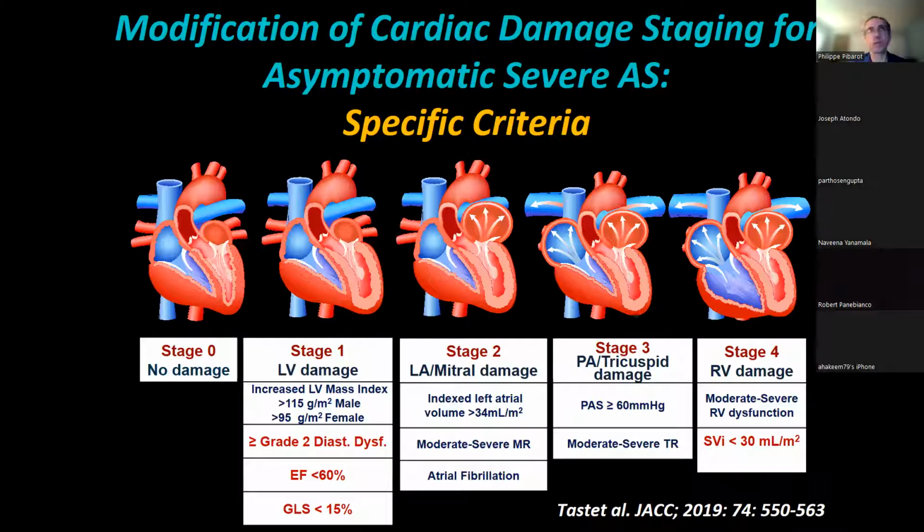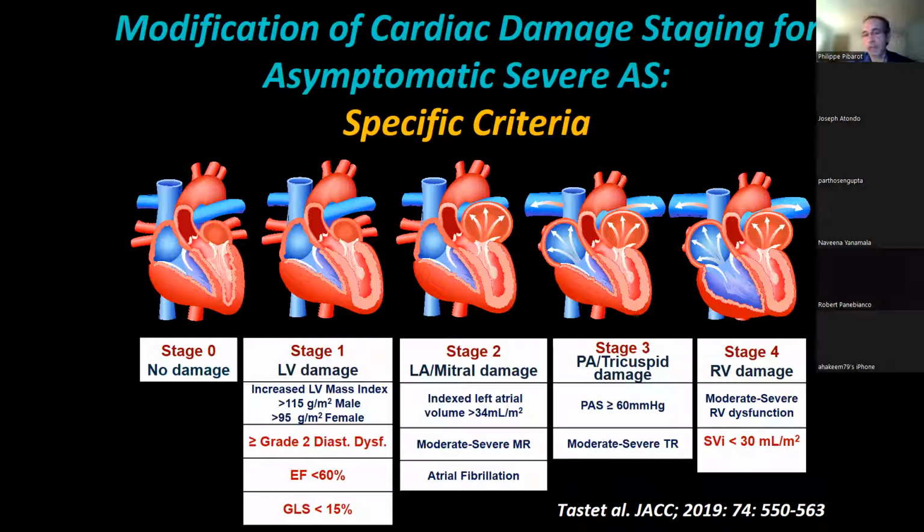And we know that when we have a patient with whatever cardiovascular condition or valvular disease, when we start to see some RV dysfunction, this is not good news. We also put in stage 4 the presence of moderate or severe low flow state, defined as a stroke volume index lower than 30, because the stroke volume is an overall marker of the pump function of the heart, and it could be caused by damage at different levels of these cardiac chambers.